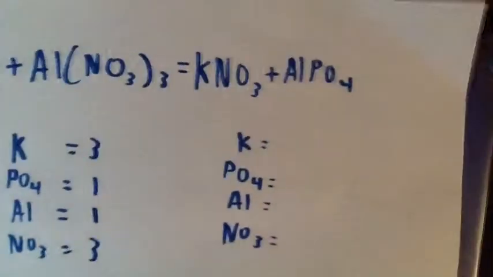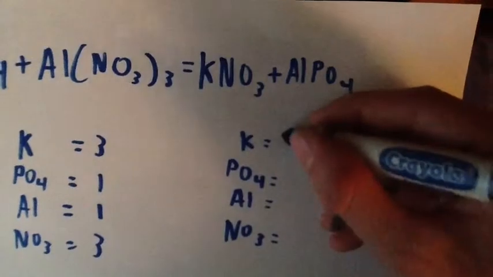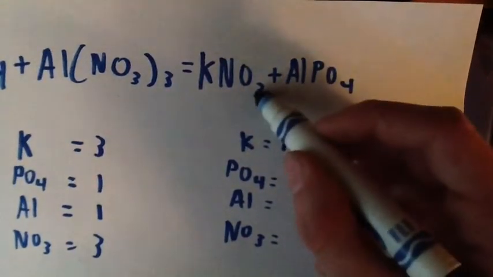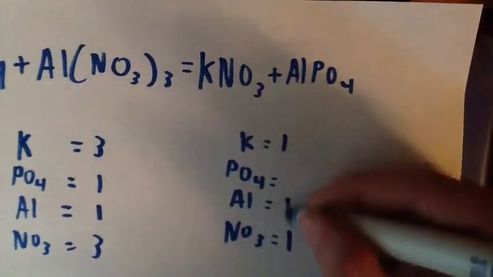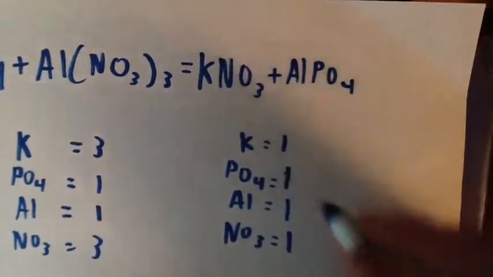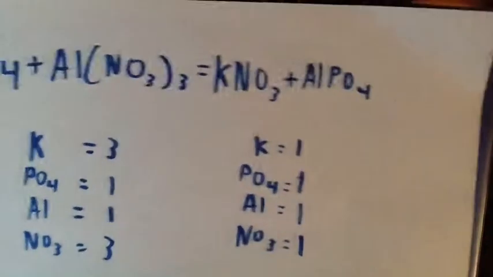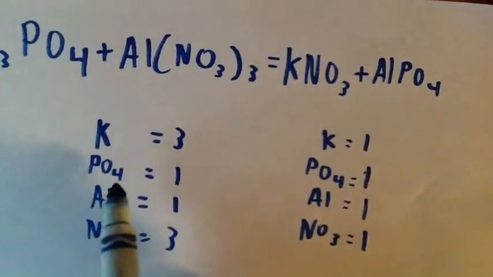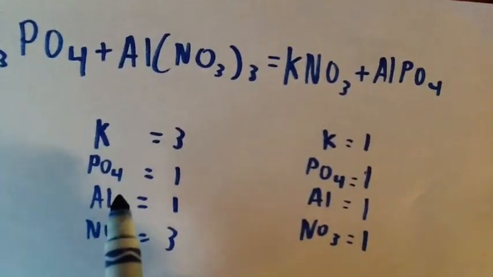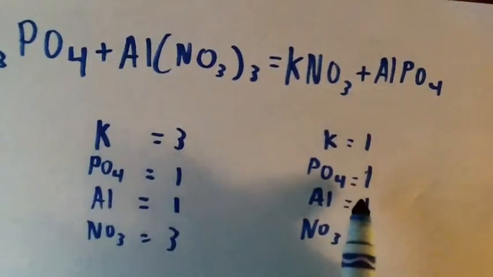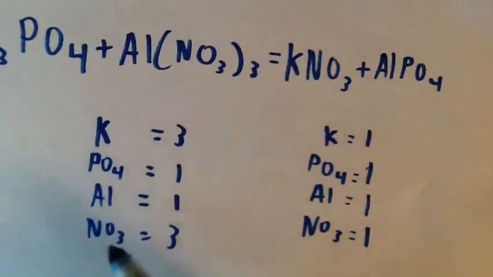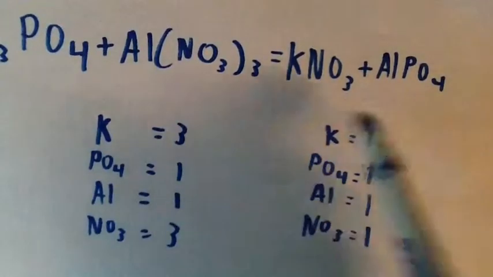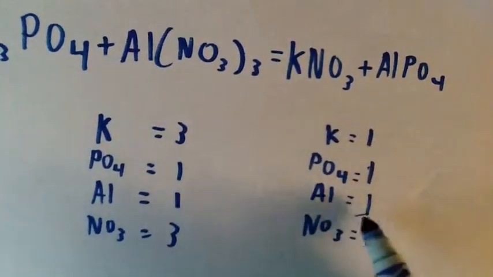Now if you go over here, potassium has 1, nitrate has 1, aluminum has 1, and PO4 phosphate has 1. We'll see that phosphate and aluminum are the same on both sides. However, we run into a problem when potassium and nitrate are different for the sides. So now we have to balance that.